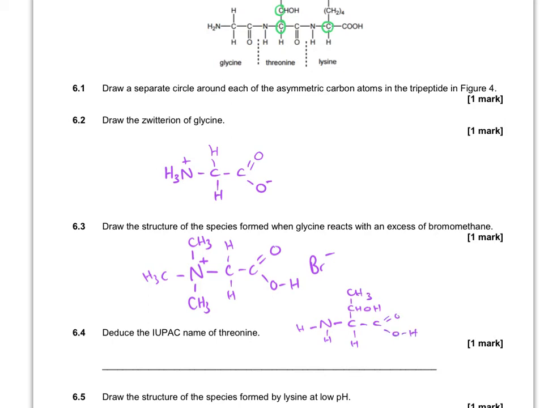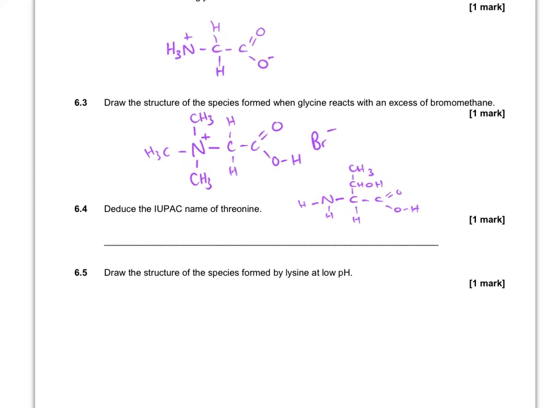Okay, now we've got the structure, we can have a go at naming it. So we're going to look for the longest chain. So we've got that as the longest chain. So we know it's going to be butanoic acid.